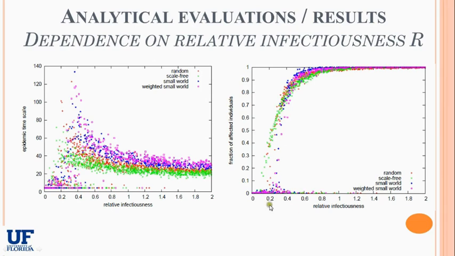If you look at these as well, you realize that even with the smallest relative infectiousness, we have a number of people already being affected in the scale-free graph, which also verifies the point that the scale-free graph is highly likely to have a faster spread of epidemic with the least relative infectiousness in comparison to the other graphs.